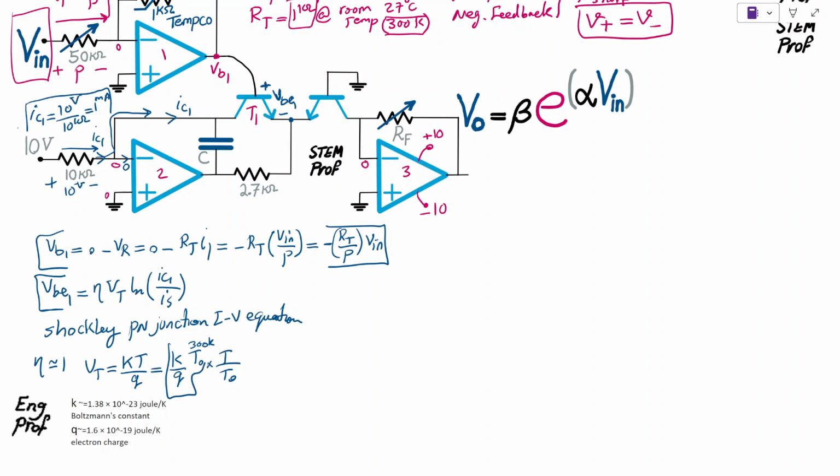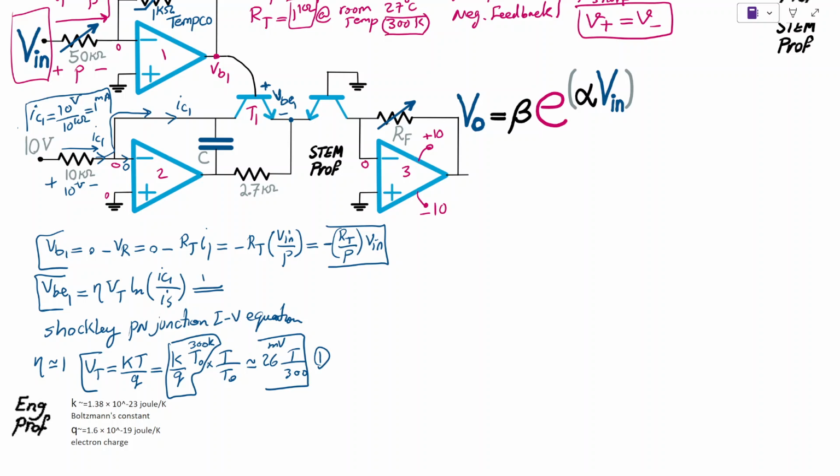We know this value, if you compute just multiplying these values times 300, you get to 26 millivolt. So this is roughly 26 millivolt times actual temperature over 300, which is the T0. So let's keep this. Vt is just this. I'm gonna substitute. So this is equation, let's say 1.